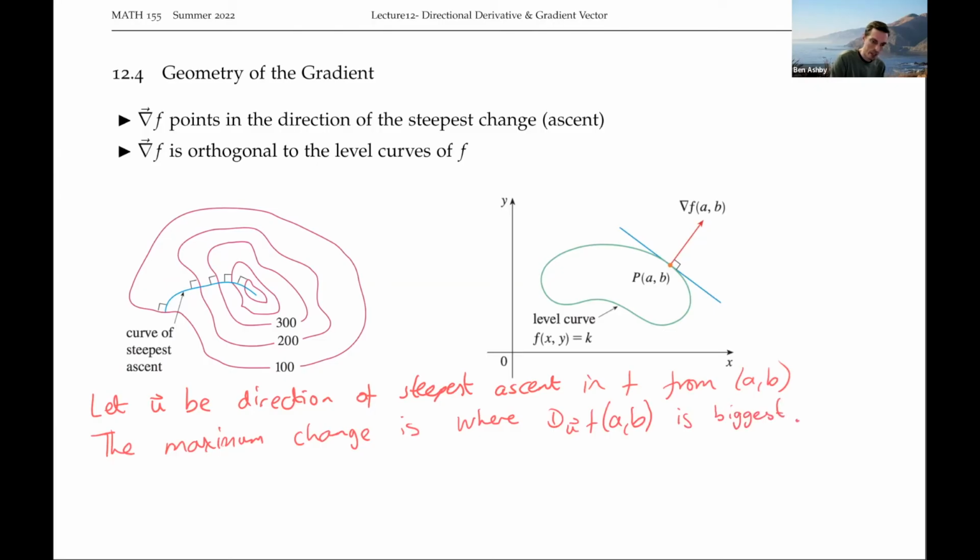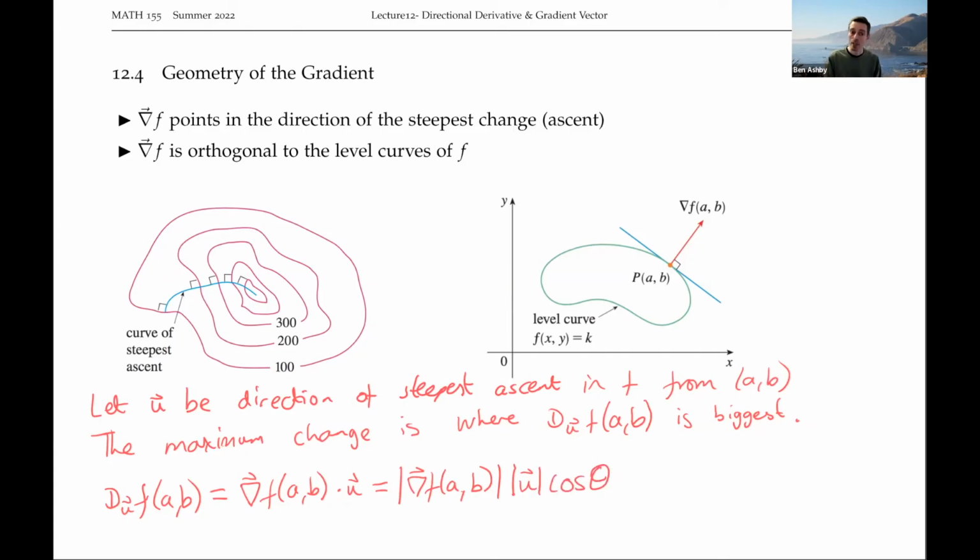Now, if we recall, we can write D_u of the function at (a, b) as just the dot product of the gradient of our function at (a, b) with u. If you go back to our notes on the dot product, we can also write any two vectors dotted together as the length of our first vector, the length of grad f(a, b), multiplied by the length of our second vector, in this case the length of u, times the cosine of the angle between them.